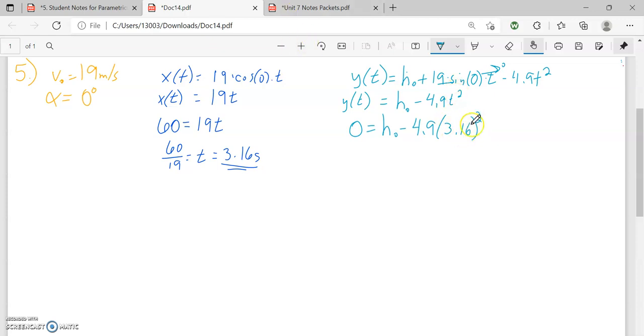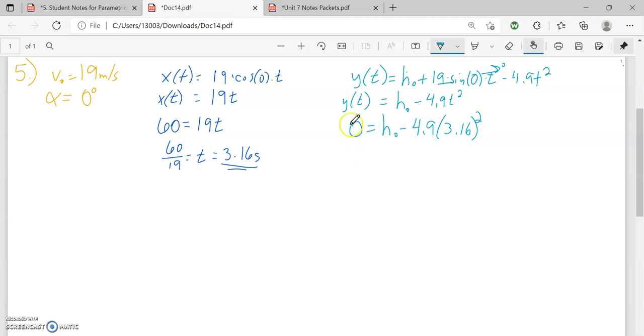We know that after 3.16 seconds of time, we have reached the ground. Because we know that it took 60 meters horizontally to reach the ground. We know that it took 3 seconds to do that. So we're working our way backwards. But if we know that it took 3 seconds to go horizontally and hit the ground 60 meters away, we know that it took that same amount of time to reach y is 0.